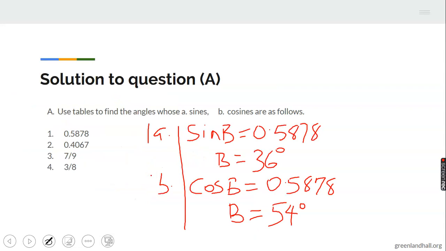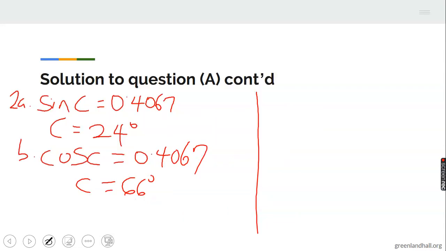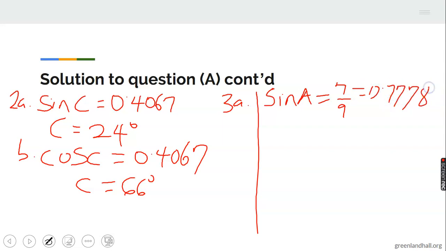Now, the next one is 7/9, question 3A. Let the angle be A, so sine A is 7/9. When you punch your calculator, 7/9 is 0.7778.